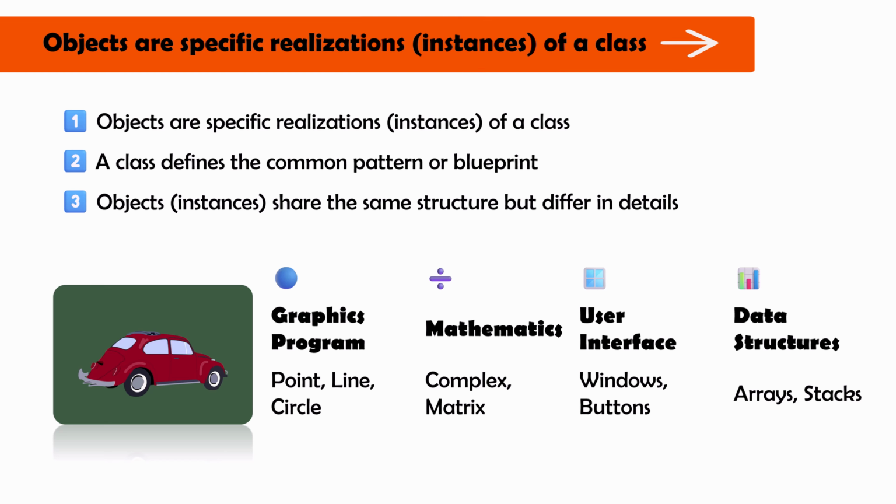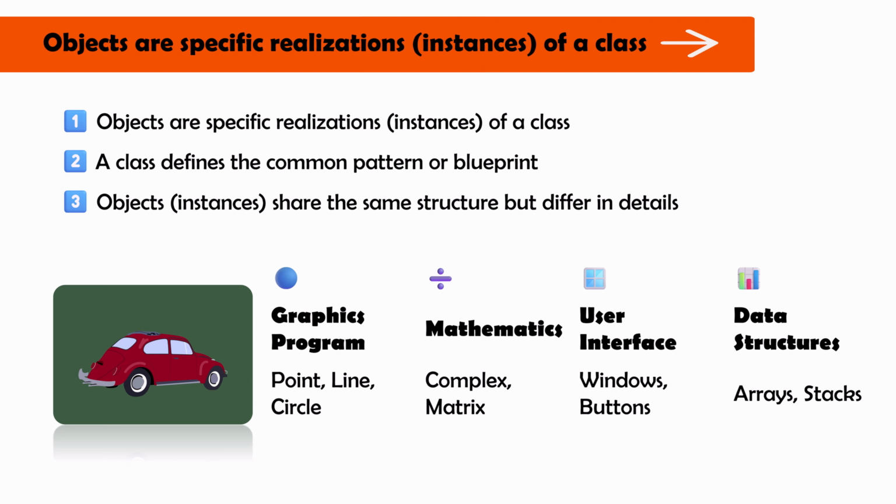As you can see, the idea of an object applies across many fields, not just in code. For example, in graphics programs, shapes like points, lines, circles are all objects, each with their own data and behavior. In mathematics, objects can represent numbers or matrices, each supporting certain operations.